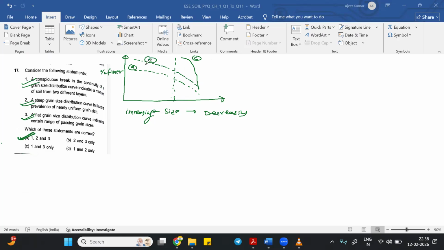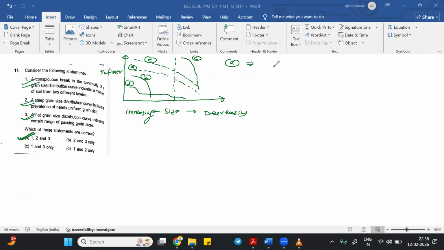And if this curve is E, and if this curve name is B, and the other curve is D, then the name of these curves, that is curve A.